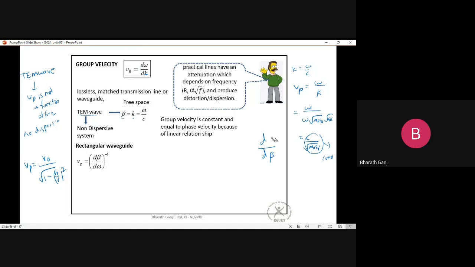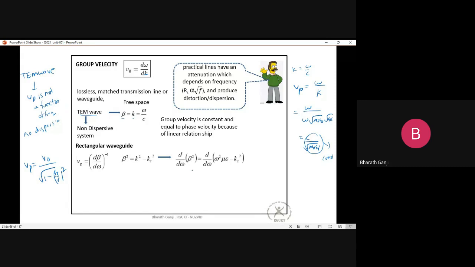Group velocity is nothing but d omega by d beta. I have written it as (d beta by d omega) whole inverse; either is the same. Because beta square is nothing but k square minus kc square, I'll take the derivative of this with respect to omega. First let me write it in terms of omega.